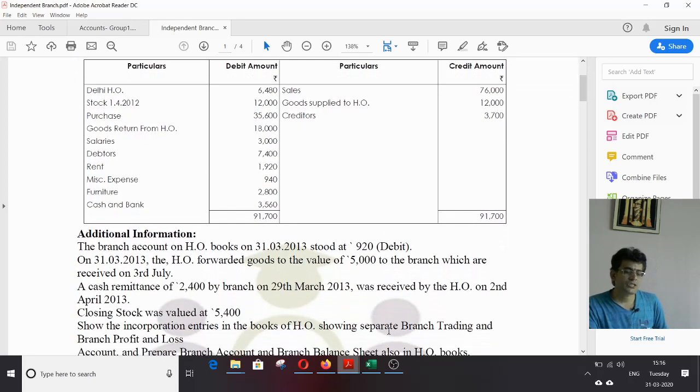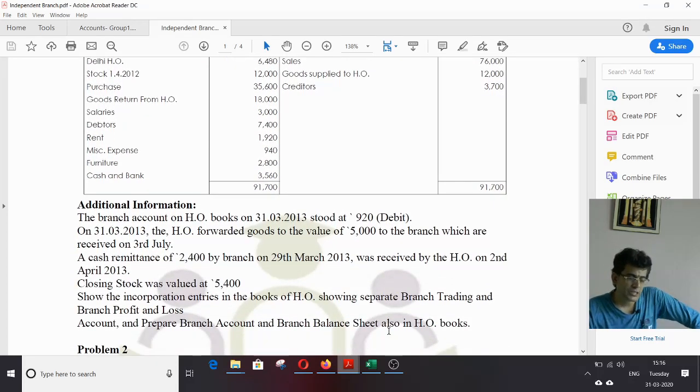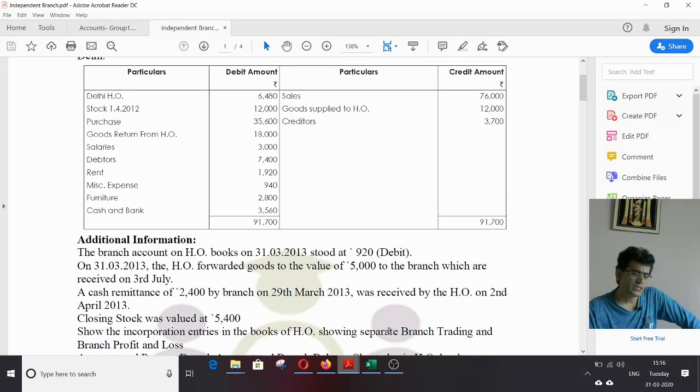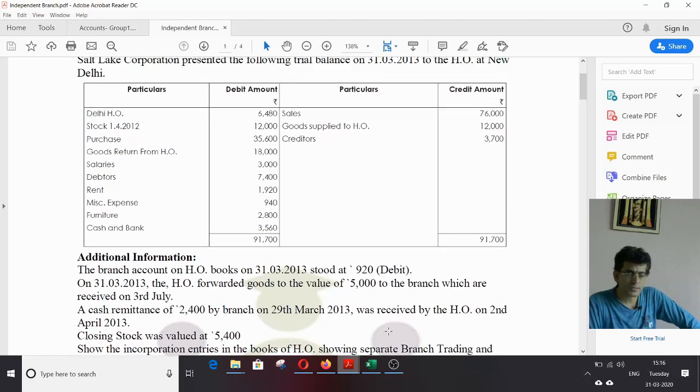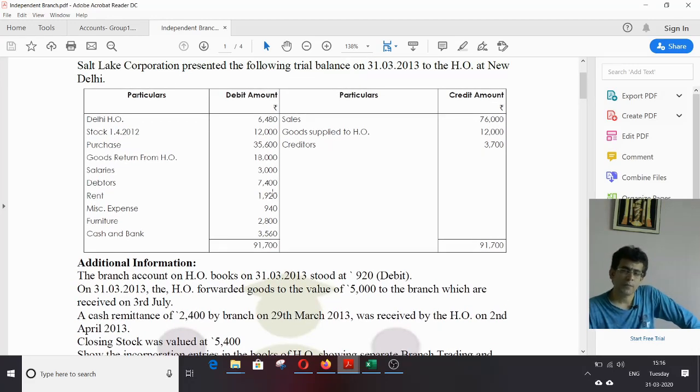Now additional information. The branch account on head office books on 31st March 2013 stood at 920 debit. Branch account in head office. Then what is this? Delhi head office.